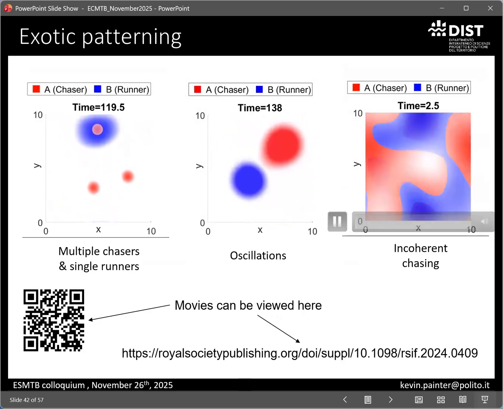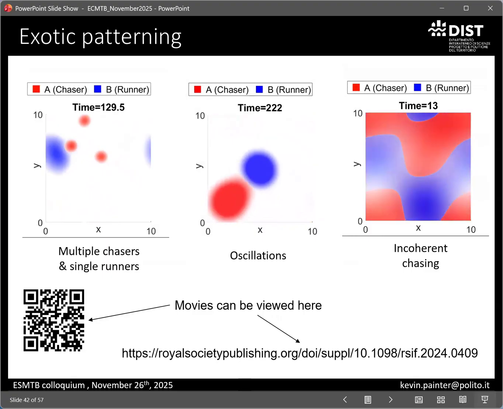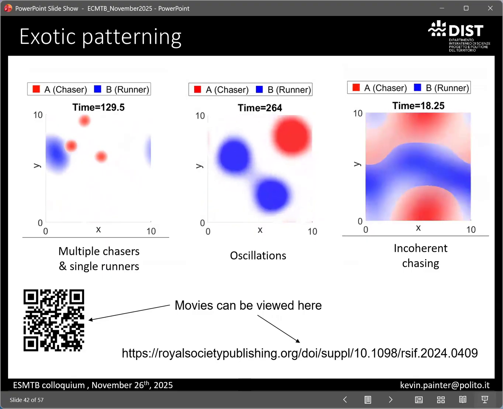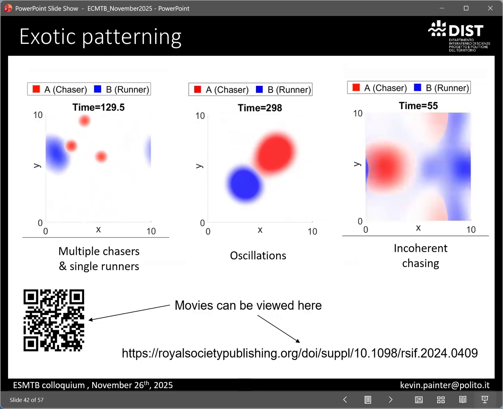And you could also get what we call incoherent chasing, where they form some sort of chase and run dynamic, but not in a very organized way, in a seemingly almost chaotic fashion. So there was clearly a lot of further behavior that could come out from this 2D model.